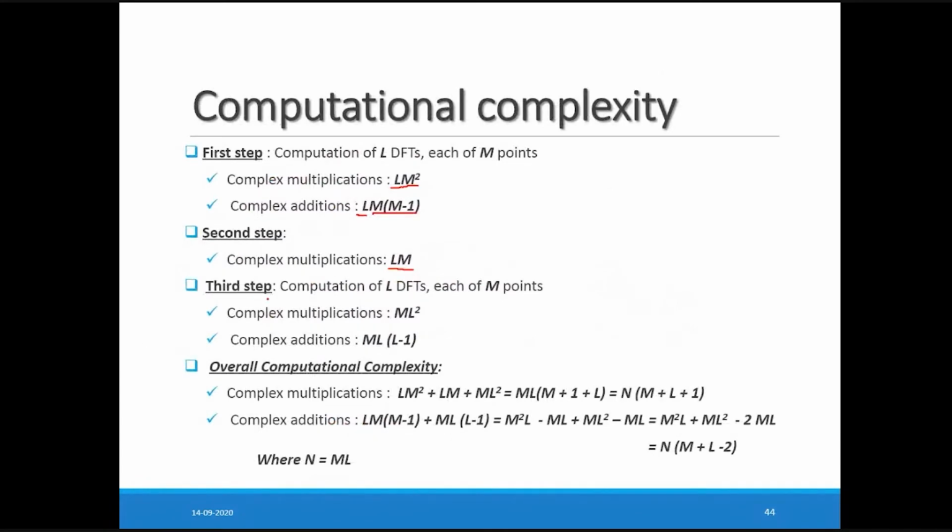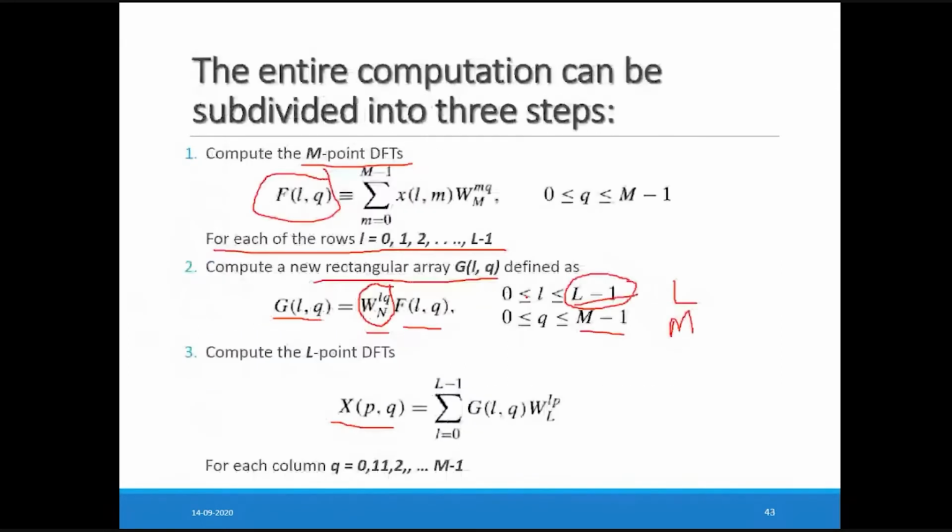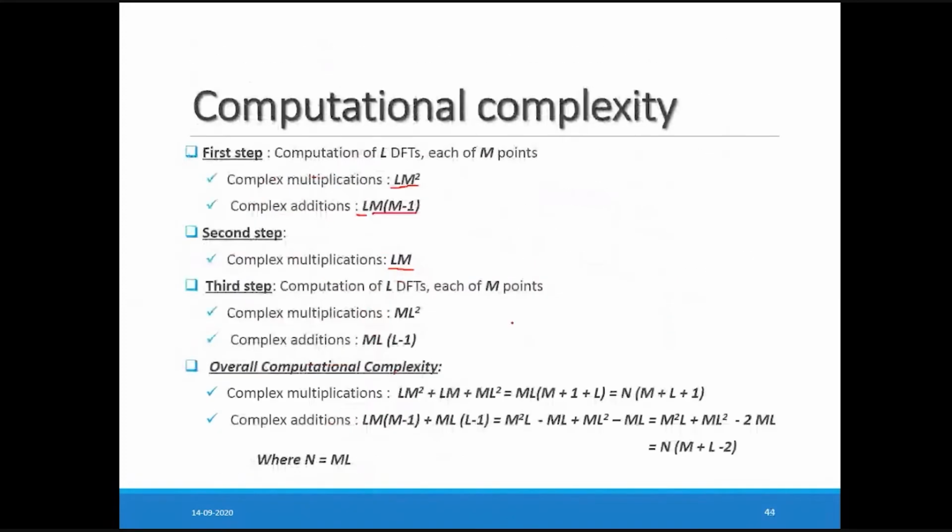Now the third step. In the third step, what we are doing is computation of L DFTs, each of M points. Now here you can see, L DFTs we have to calculate, each for M points.